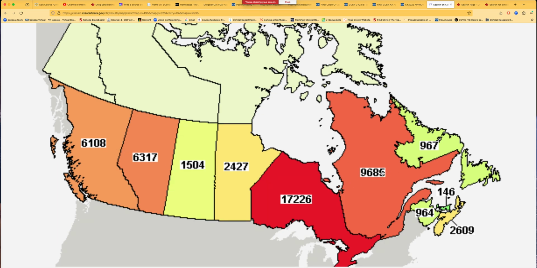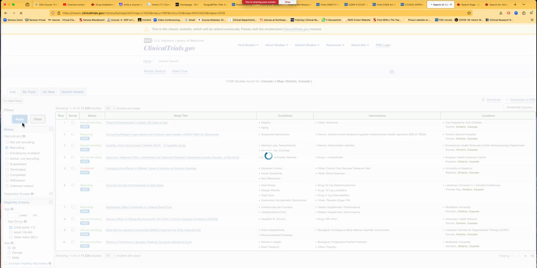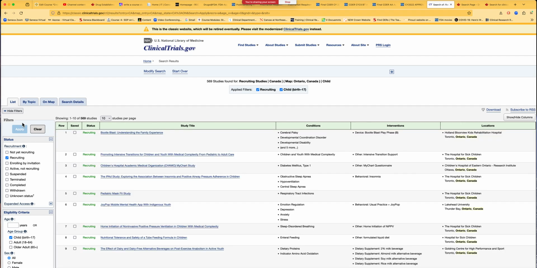If I would like to know what the studies are in Ontario, I come to Ontario, and I can now see all of the studies in Ontario. And now I just want to know which studies are recruiting now in the pediatric population. I apply this, and I'm going to have 569 studies.